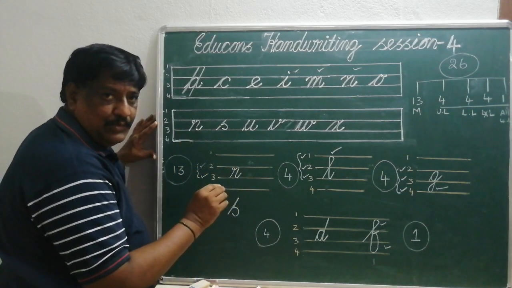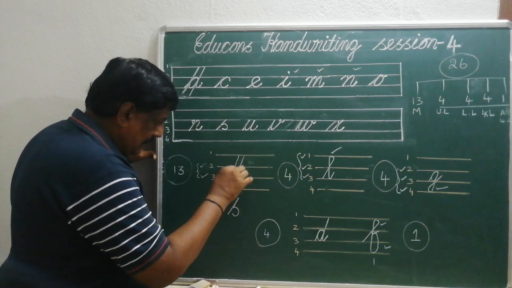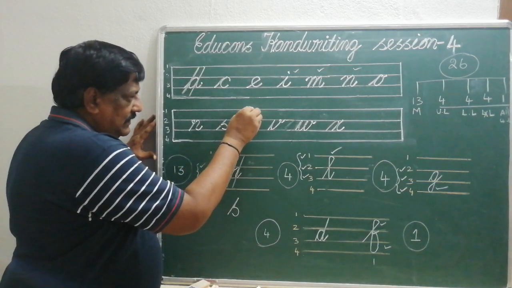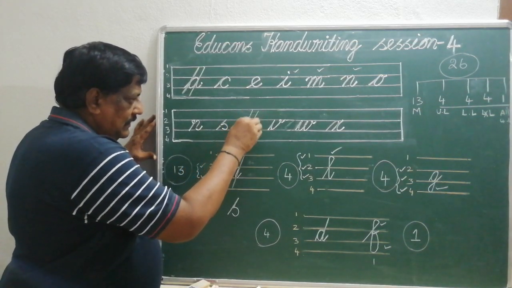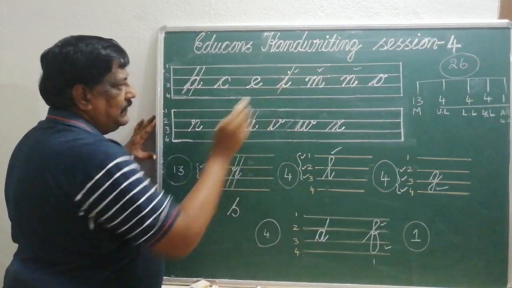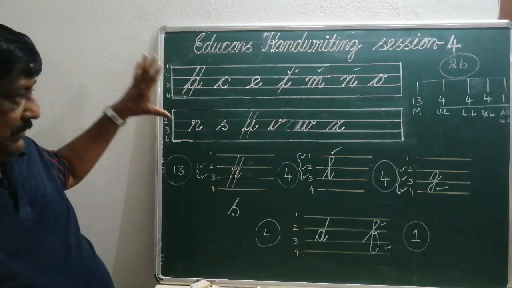And every time you do a letter, practice checking this slanting. See, shall I check the slanting? Any letter, you tell me any letter, I will check. This slanting is very, very important, you have to check and practice.